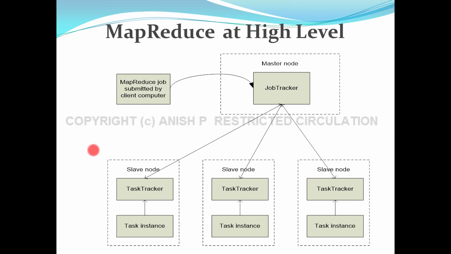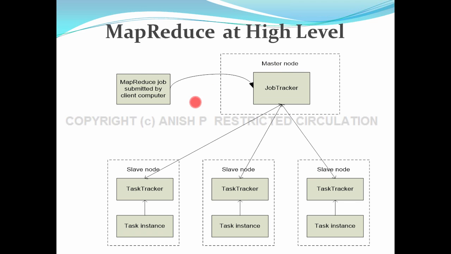Let's start with a small recap for all of you guys. MapReduce at a higher level. A MapReduce job is submitted by a client. Suppose a client is submitting the MapReduce job to my cluster, firstly he needs to interact with the master node, right? And who is the master daemon for MapReduce?